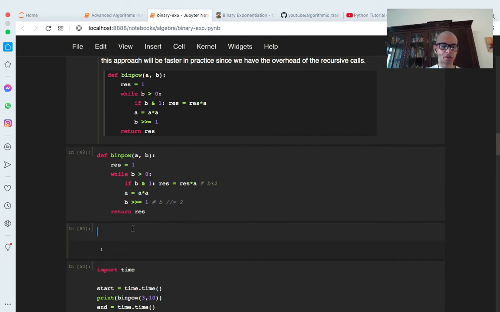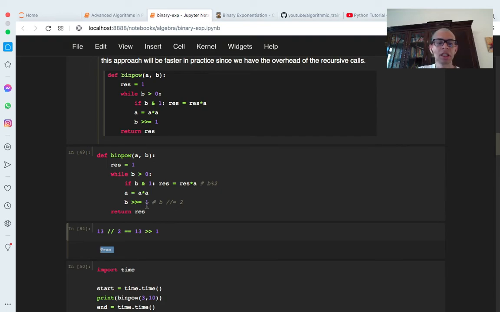You take your 13, you started with 13, and if we shift 13 by 1, it will give us 6. It's like our integer division by 2 from earlier. So 13 shifted by 1 evaluates to 6. That's what's happening in here.